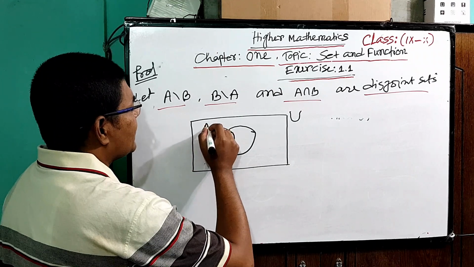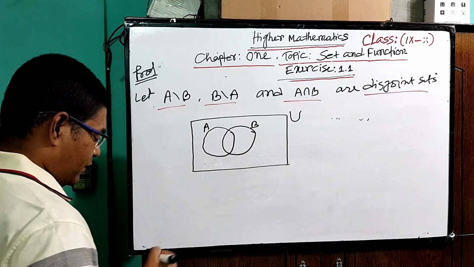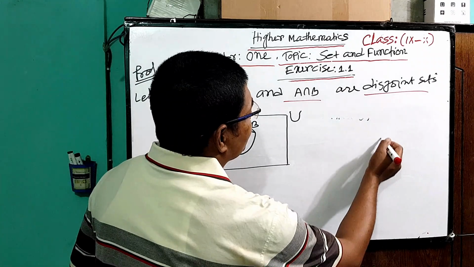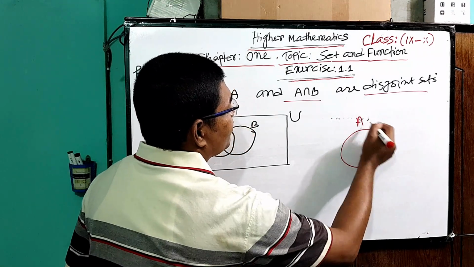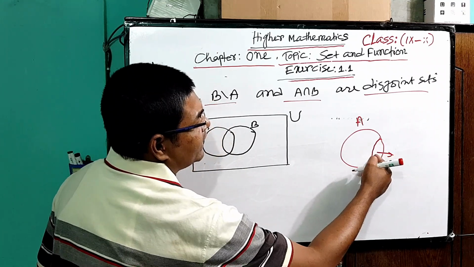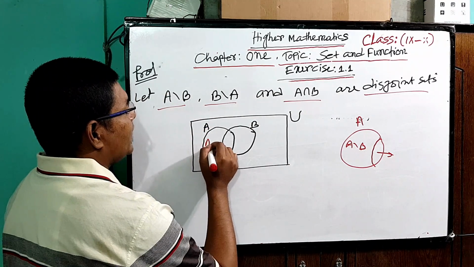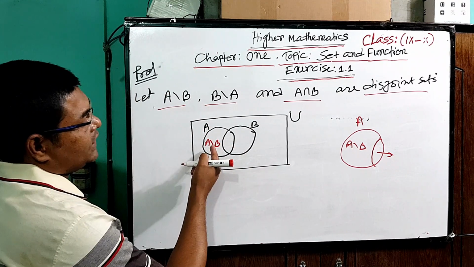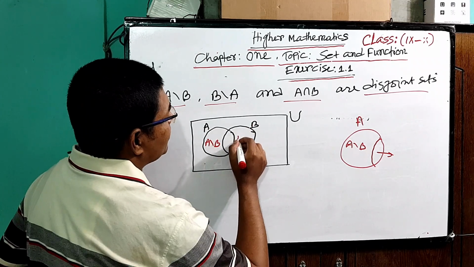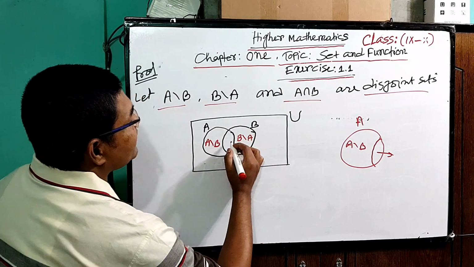So this is set A, this is set B, and I have already shown you a few minutes ago, this part is A cut by B, so it will be A difference of B. And this part will be B difference of A, and this is the common part.